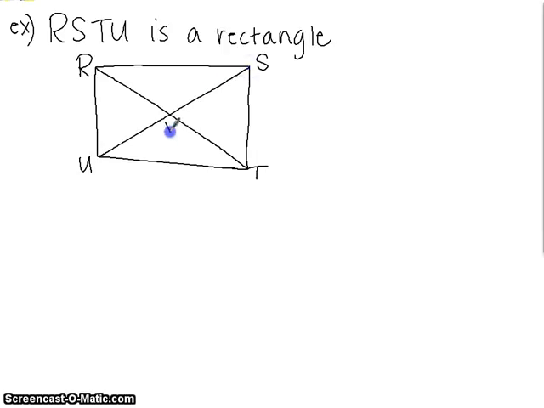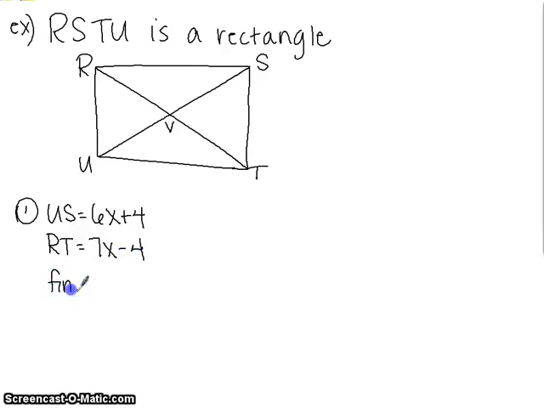Draw on the diagonals, and the place where they intersect is going to be V. Our first task is: if US equals 6x plus 4 and RT equals 7x minus 4, we want to find x.